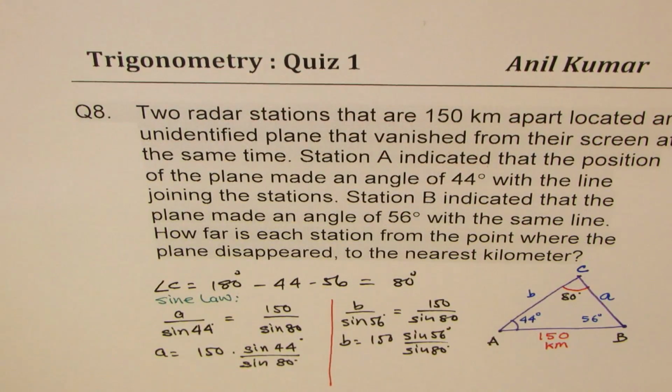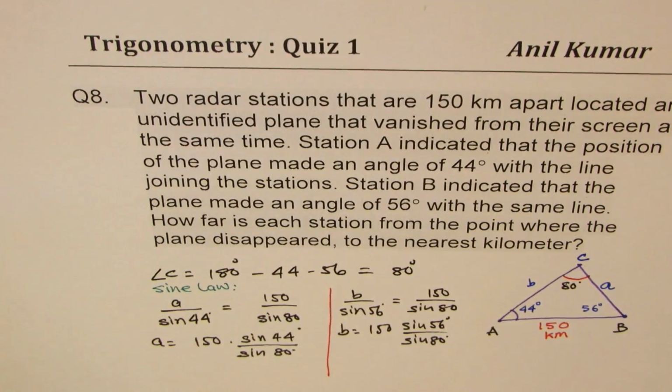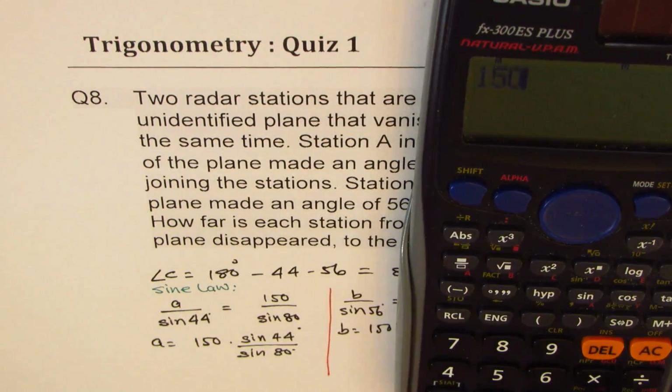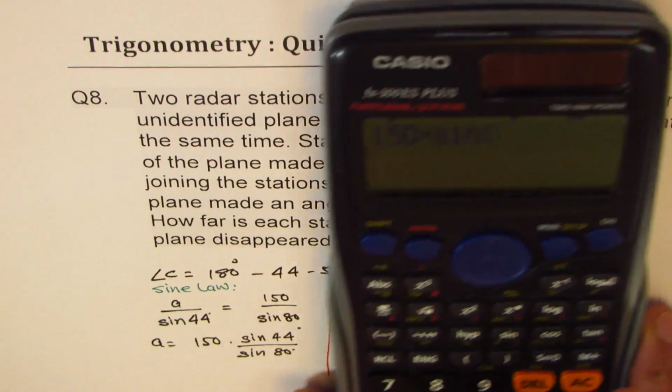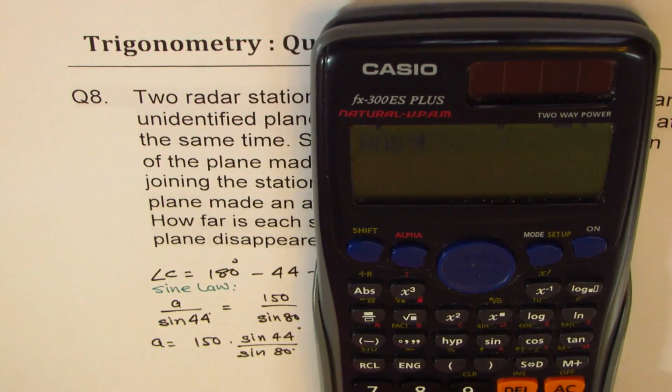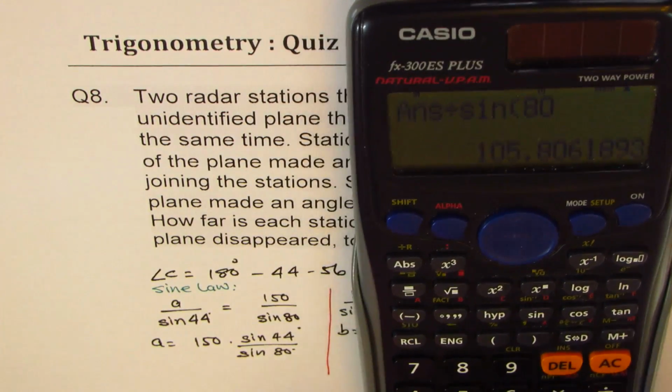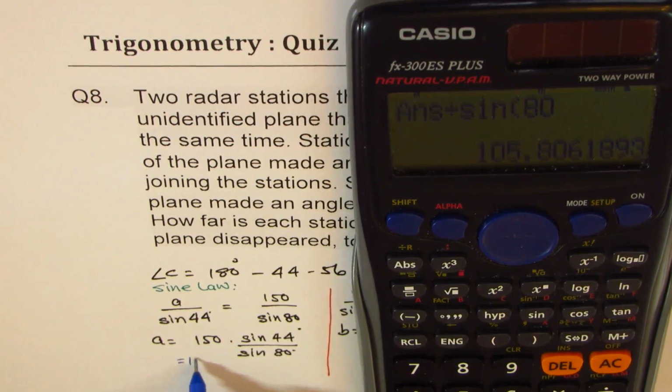So let's use the calculator and find these answers. We'll round them to nearest kilometer. Remember that. So 150 times sine of 44 divided by sine of 80 gives us the answer as 105.8.